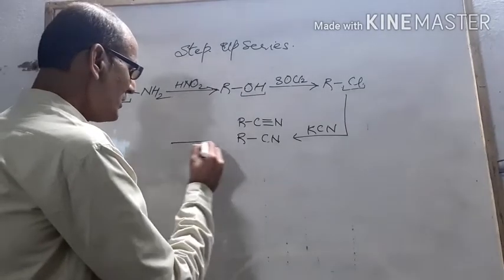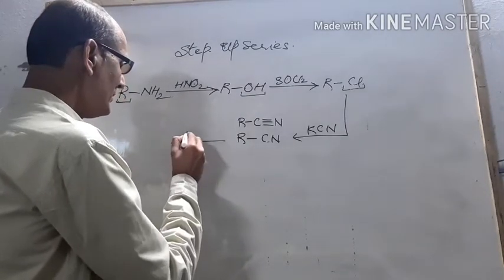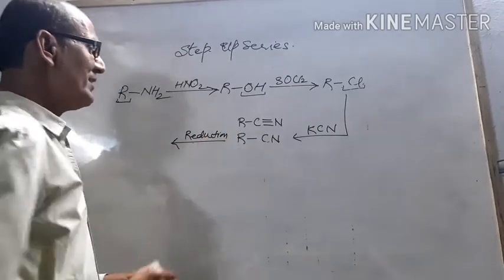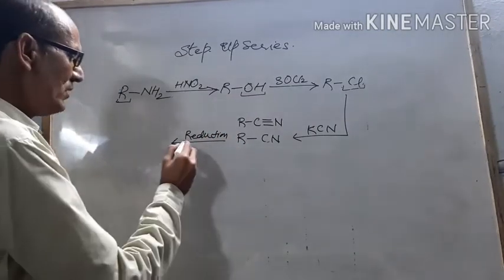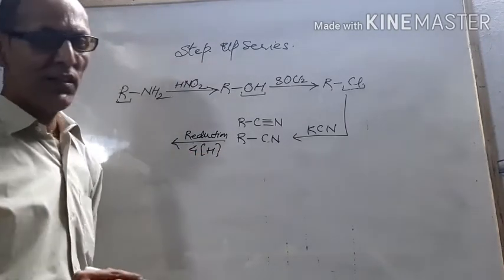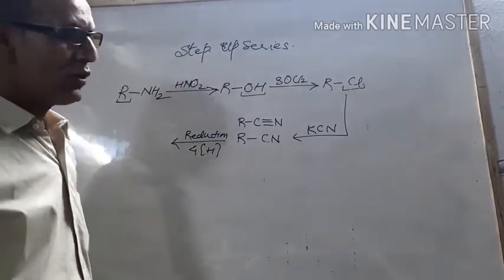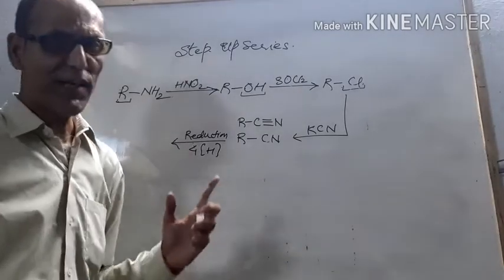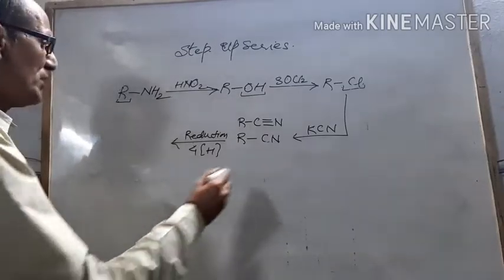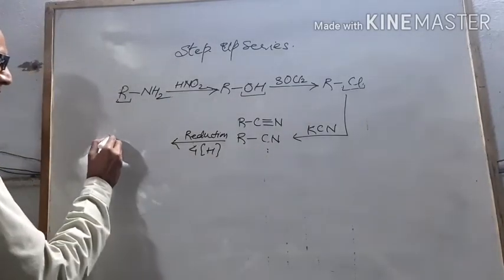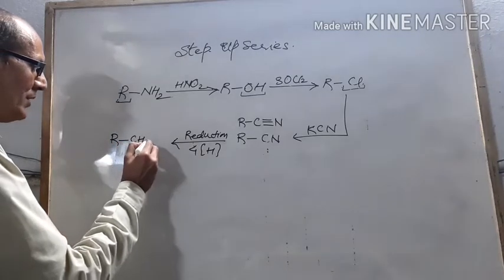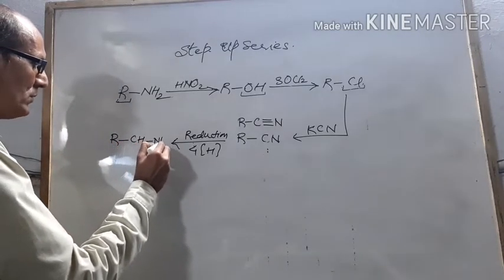So now we have to do reduction. In this reduction you can use 4H, four hydrogen atoms, by using a reagent like LiAlH4, or 2H2 with nickel catalyst. The complete reduction will give R single bond CH2 single bond NH2.